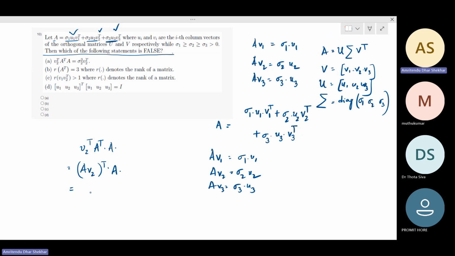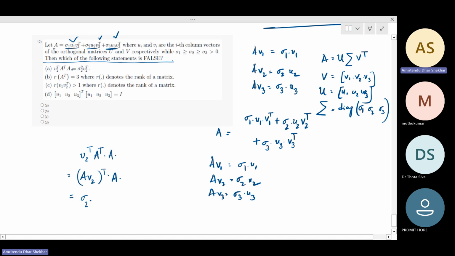A V2 is equal to sigma 2 times... I guess you have to verify these options one by one.